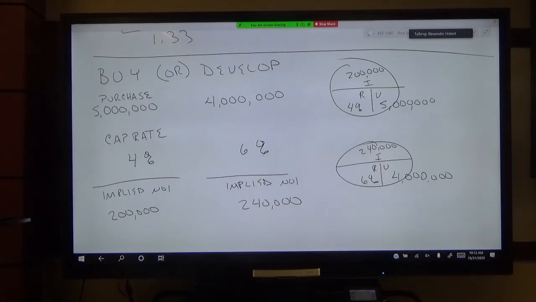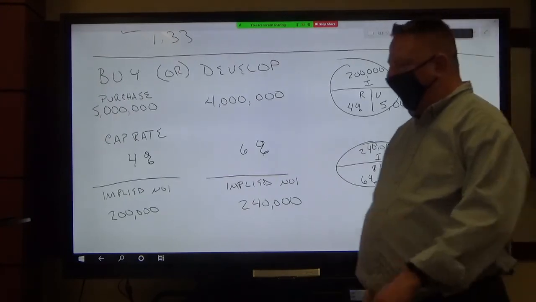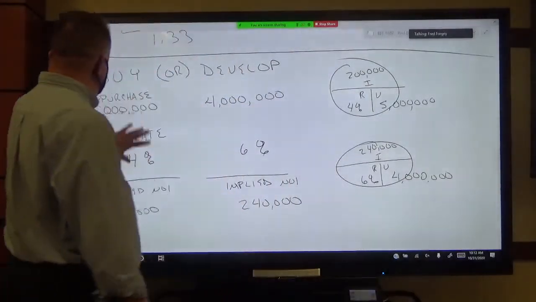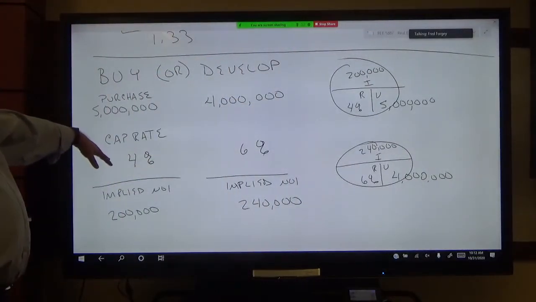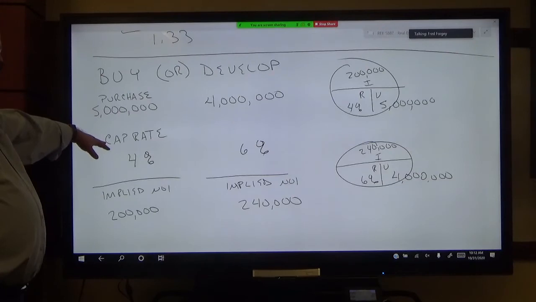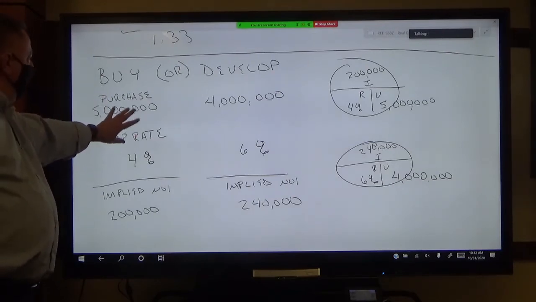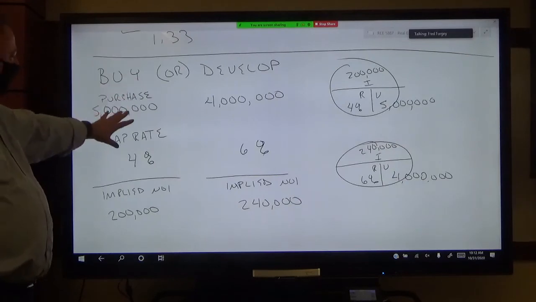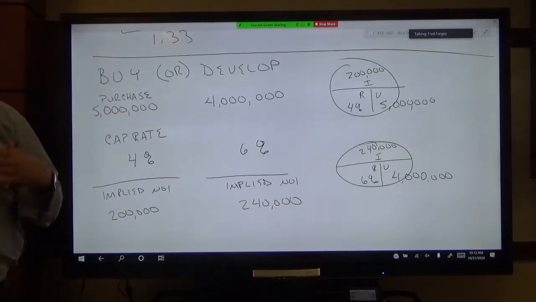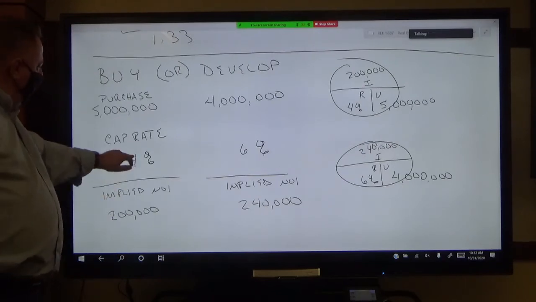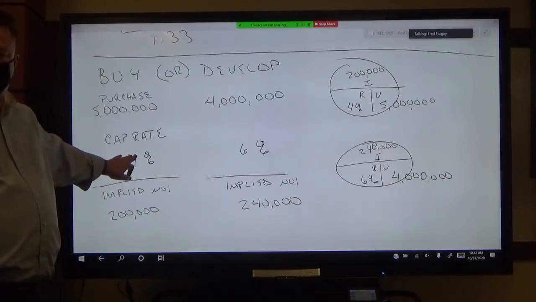Develop, for sure, because you're buying in at a lower cap rate. Right. And so over here, it's ready, but we're also paying more for it, more for the income because the cap rate's lower.